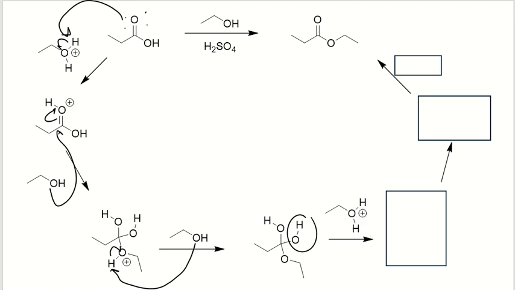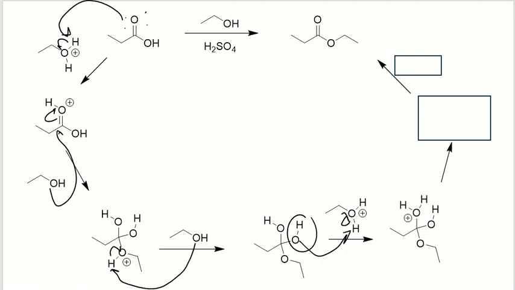So more of our protonated alcohol that we just generated is going to protonate our oxygen there. And I actually showed it protonating the other, so let's stay consistent here. We're going to remove that hydrogen, and we have our leaving group, which is water.